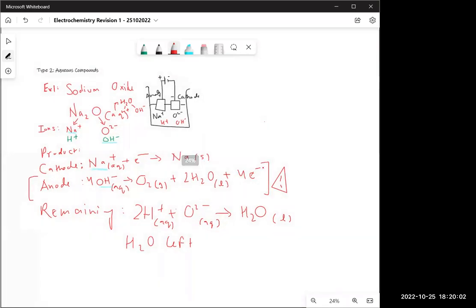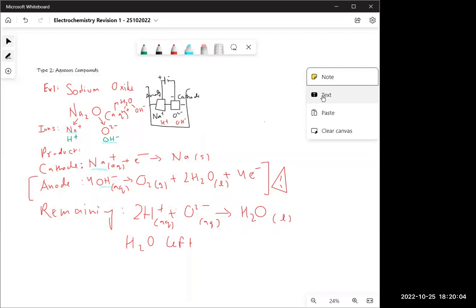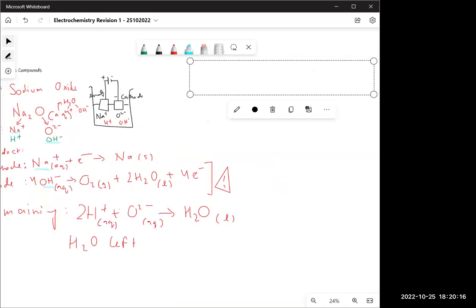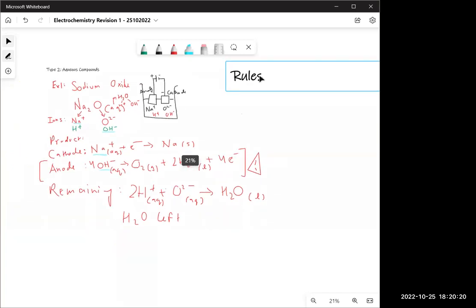Now, the only reason it's confusing is we have no clue why the products are there. We know why Na went there, and it's positive, obviously goes to negative, fine. But why did this OH minus go there? So confusing, right? So we'll start with the rules. To make life easy, we have some rules for every topic like physics, chemistry, maths, everything.